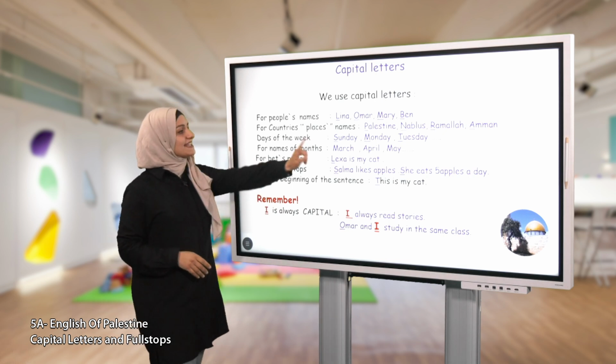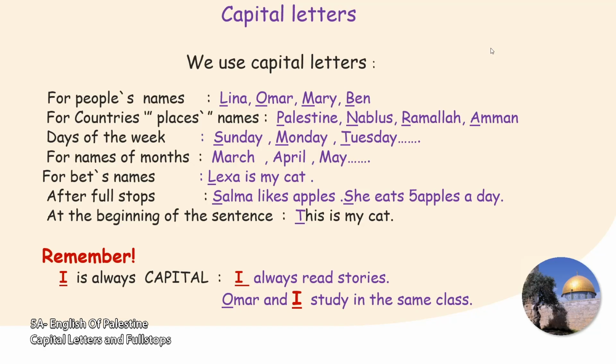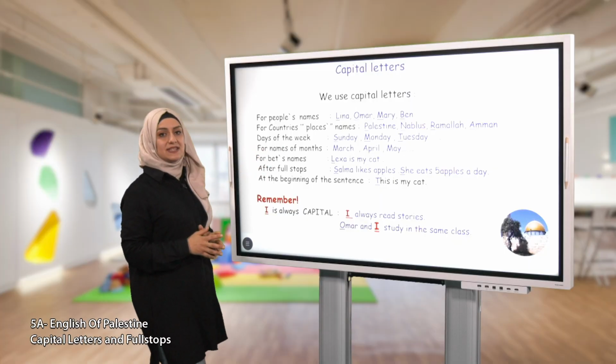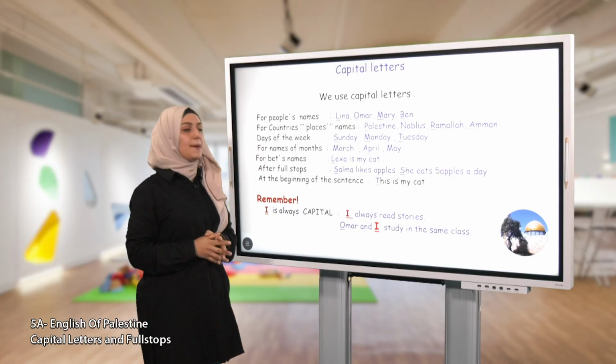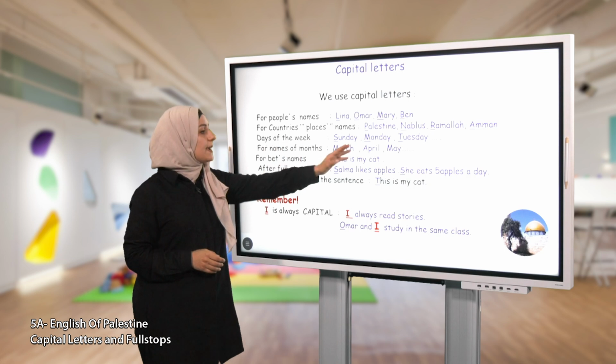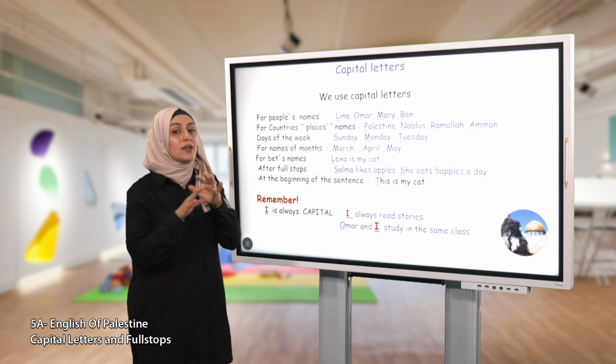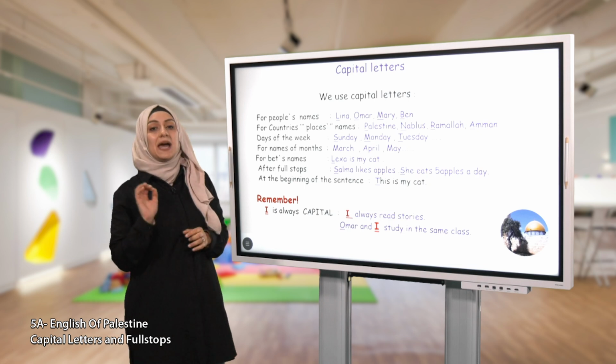So we say Sunday, Monday, Tuesday. What's today? Yes. Also, Thursday should be written with a capital letter. For names of months, for example, March, April, May, June, the first letter in all months should be written with a capital letter.